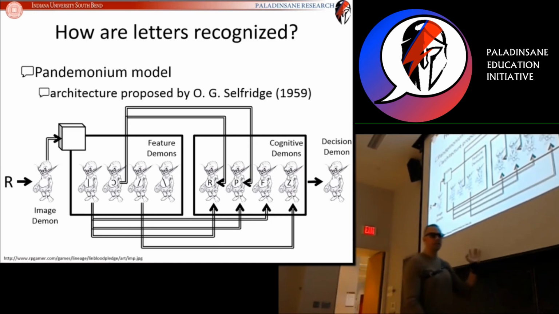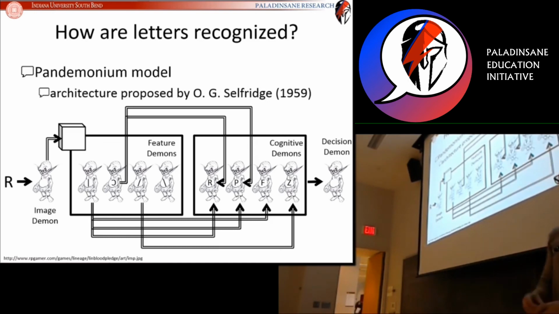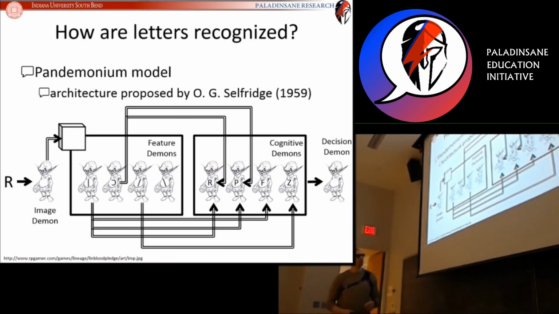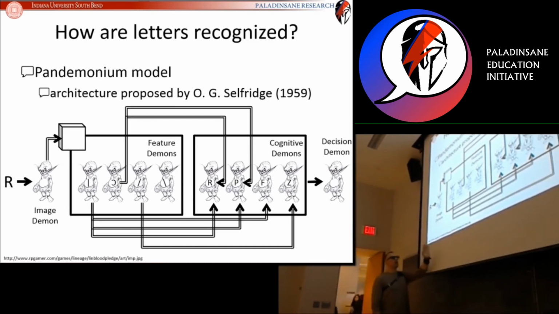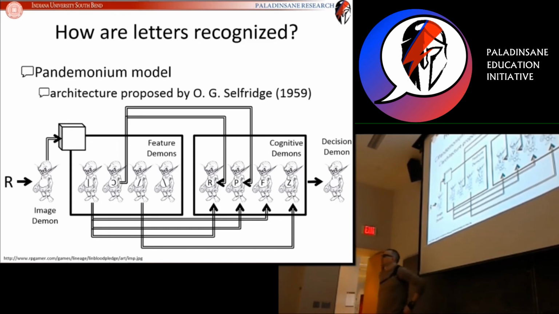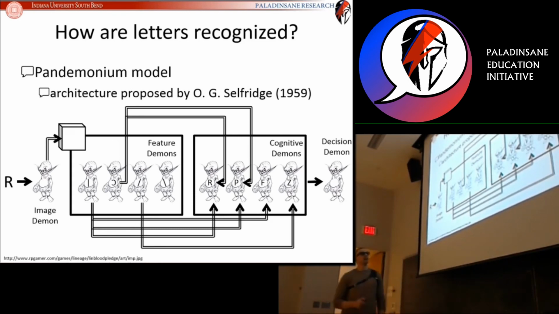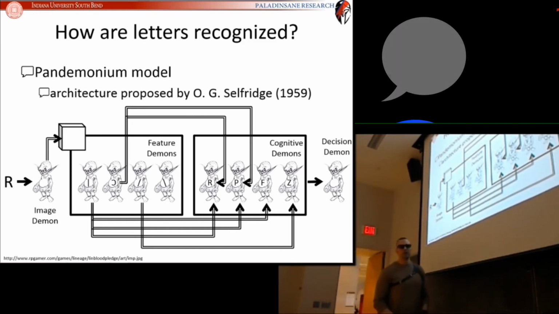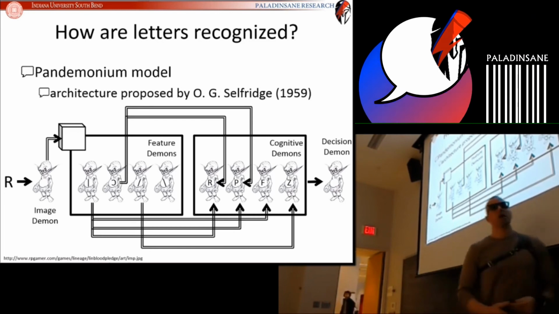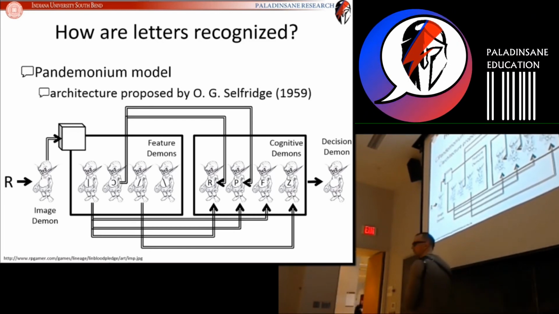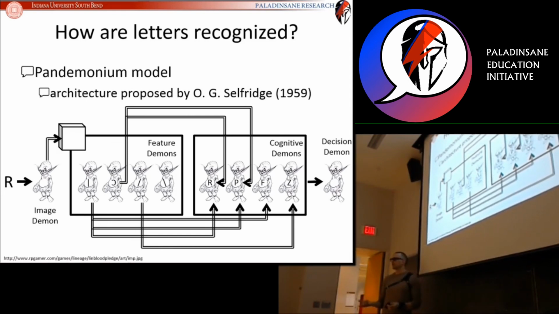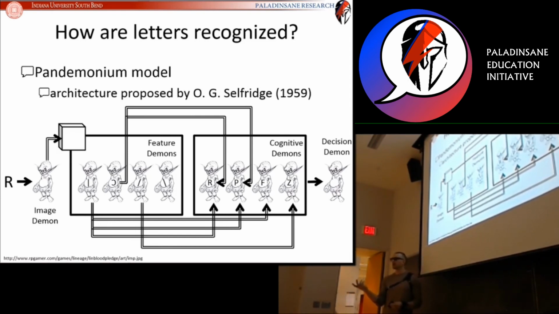And we're going to end today with one last insight into the Pandemonium Model. I mentioned that the Pandemonium Model took off and that this architecture took off. This was done in about 1959, and that's an important period to remember. This was done when the amount of computational power in the world was far less than what you're holding in your hand if you have a cell phone, and way less than if you're working on a laptop right now.